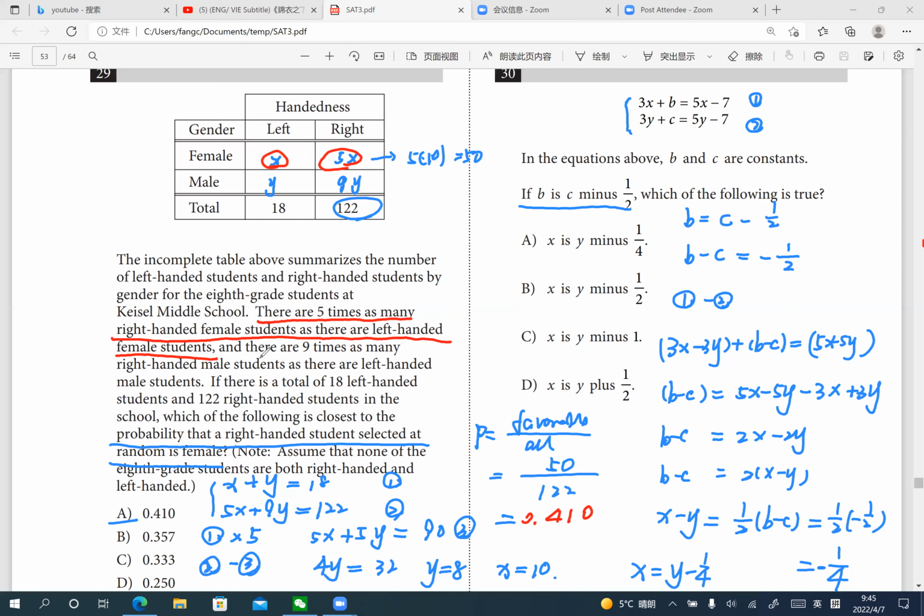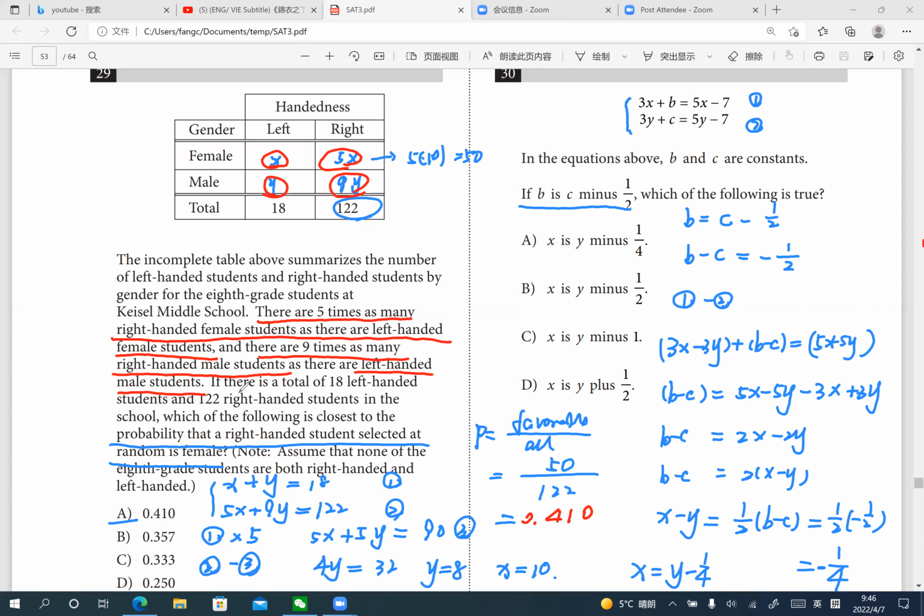Continue. The question says there are 9 times as many right-handed male students as there are left-handed male students. Similarly, if we use Y to represent the left-handed male students, then the number of right-handed male students should be equal to 9Y.